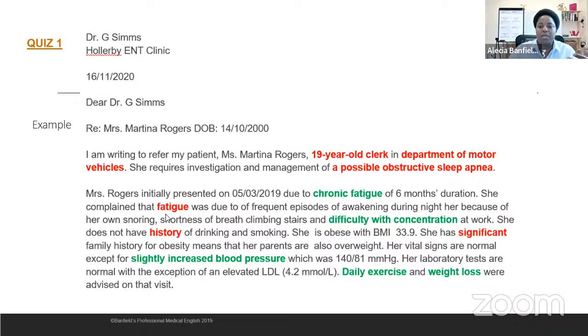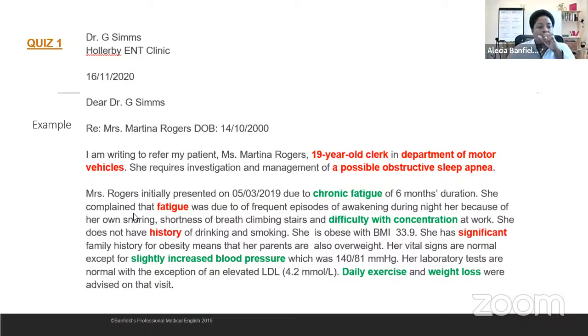You could also hear, because the fatigue belongs to her, say her fatigue. That's also all right. Complain of fatigue. Well, you could say complain of fatigue, although some tutors don't like the word complain because it sounds negative.